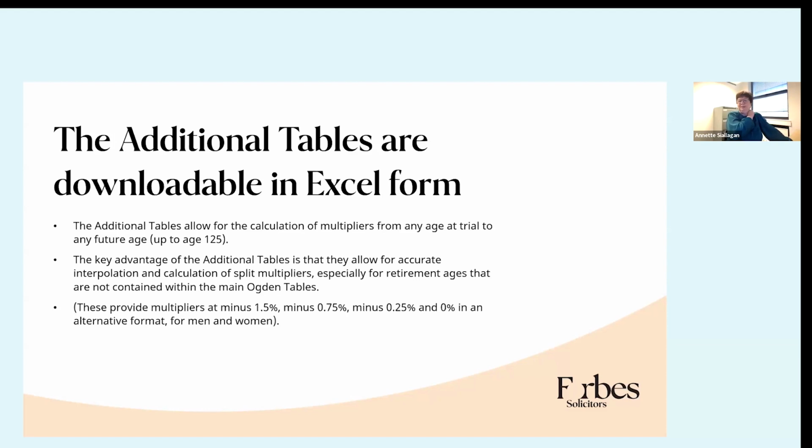So if you've got a plus discount rate, which we'll come on to, then they're not going to be as useful unless they send out amendments to the additional tables once we've got the new discount rate, which they may do. So you can use the additional tables to interpolate. It's slightly more accurate, but at the moment, until they update them, I'm not sure they're going to be that much use.